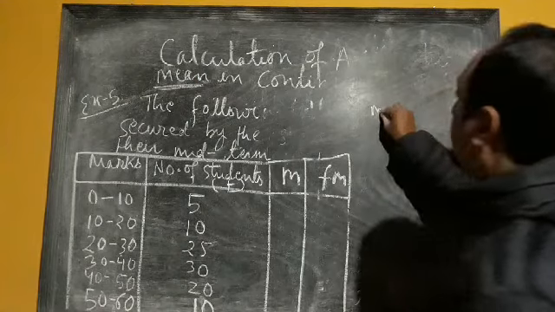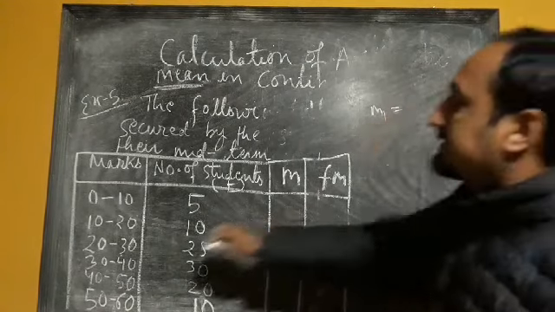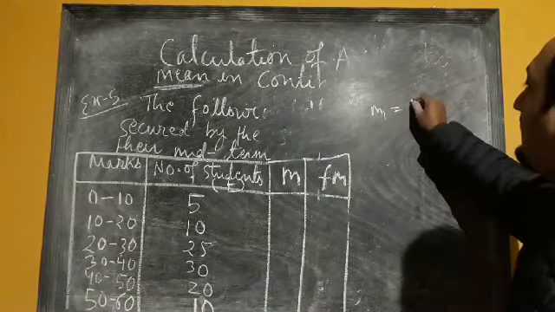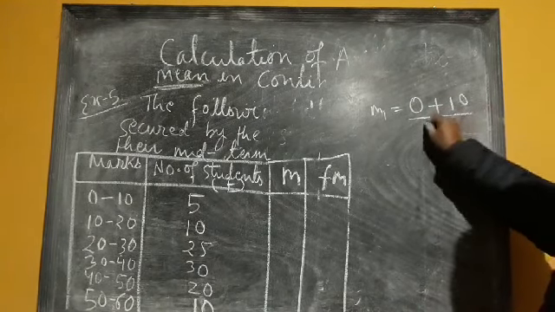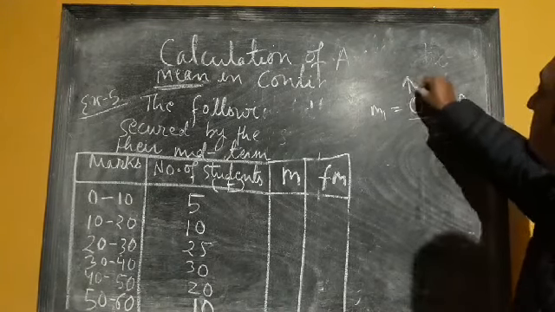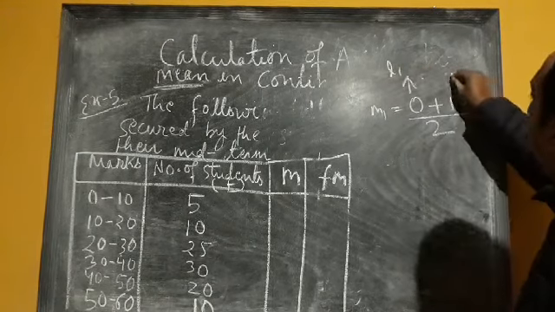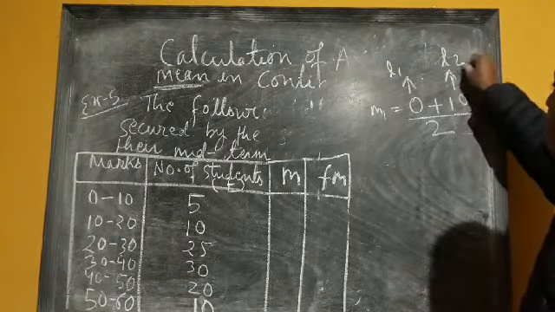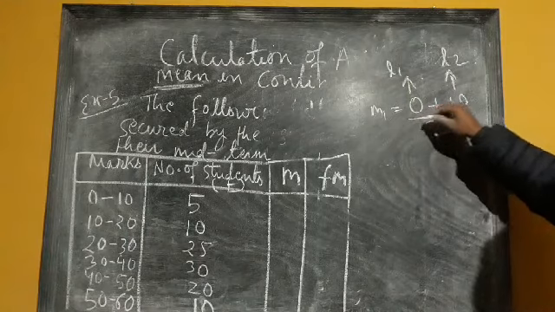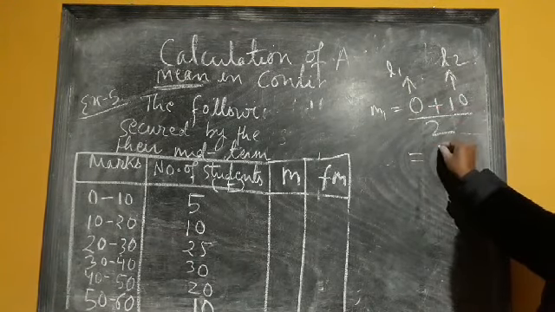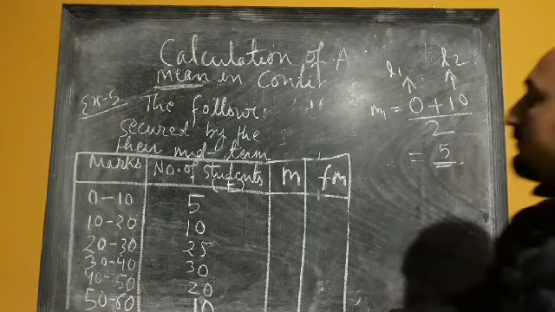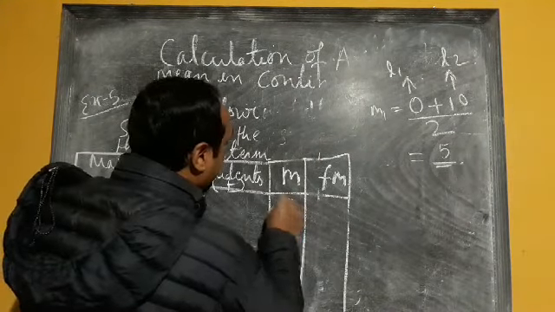So first mid value, let's consider M1. I will get L1 0 plus 10 divided by 2. This 0 is your L1 and this 10 is your L2. So L1 plus L2, that means 0 plus 10 divided by 2, we will get 5. So the first mid value is 5.